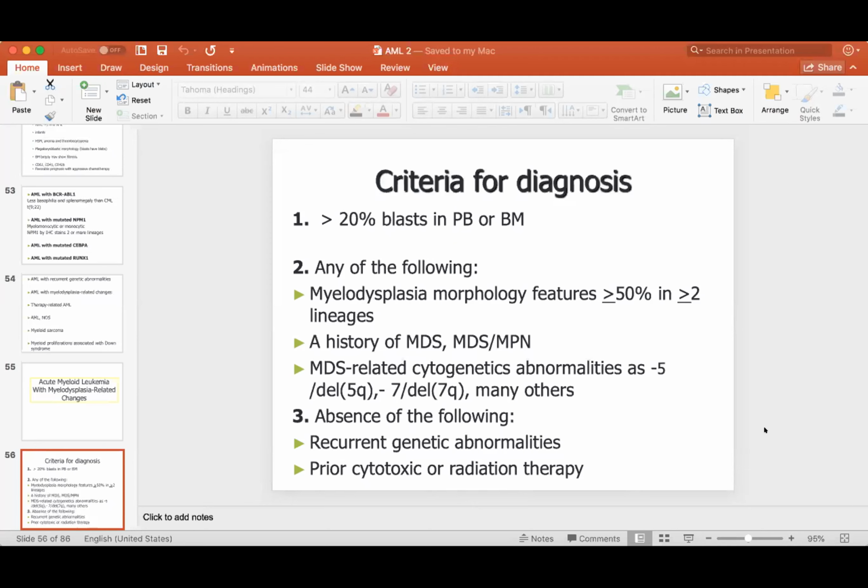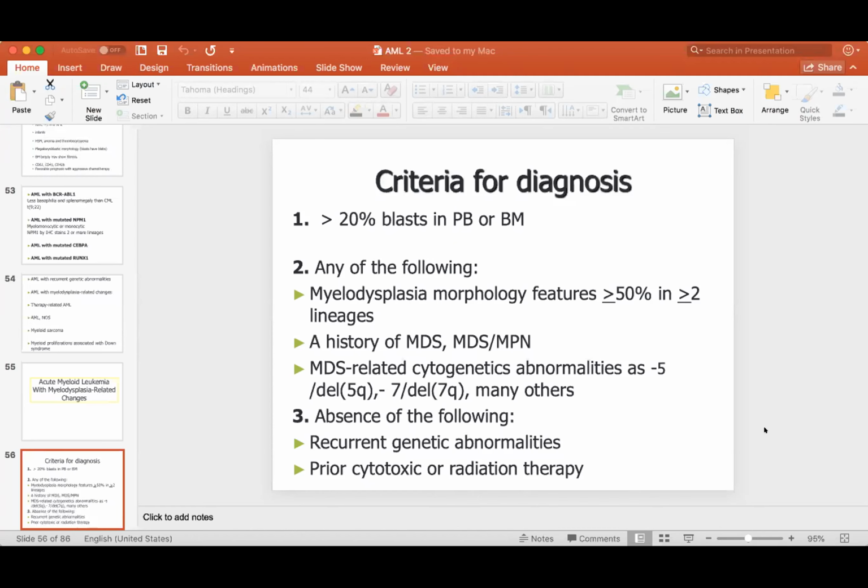So you have to have myelodysplasia. You see the dysplasia not only in one lineage, but 2 or more lineages, and it has to be more than 50% of the lineage. In MDS, when we're diagnosing MDS, we have to have it in more than 10% of each lineage. But here in AML-MRC, it has to be more than 50%, and it's in 2 or more lineages.